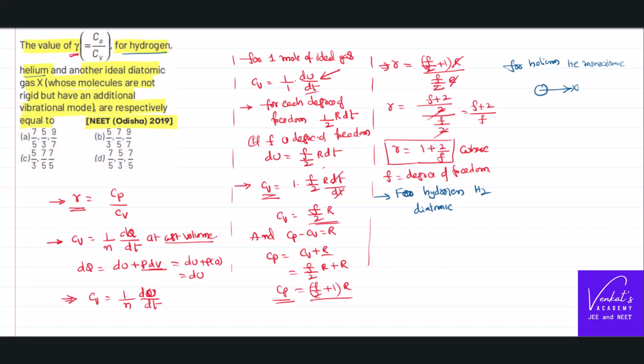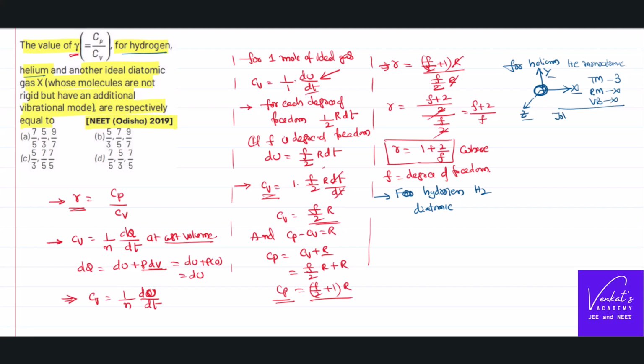it can move either along the x-axis, along the y-axis, or along the z-axis. Being a single atom, it has only translatory motion along 3 possible directions. So it has 3 degrees of freedom in translatory motion. As a single atom, its rotatory motion is not there, and its vibratory motion is also not there.